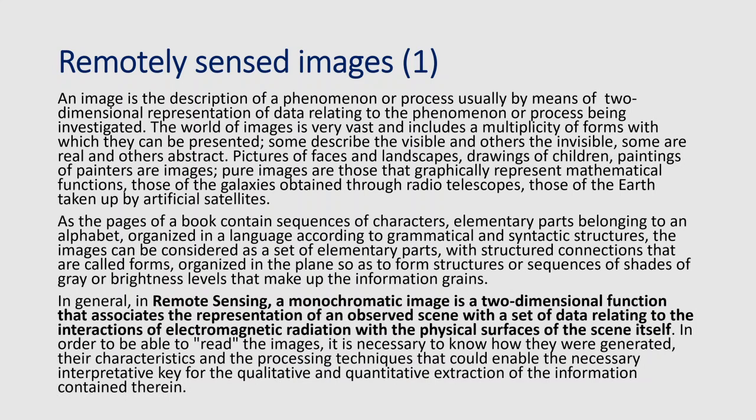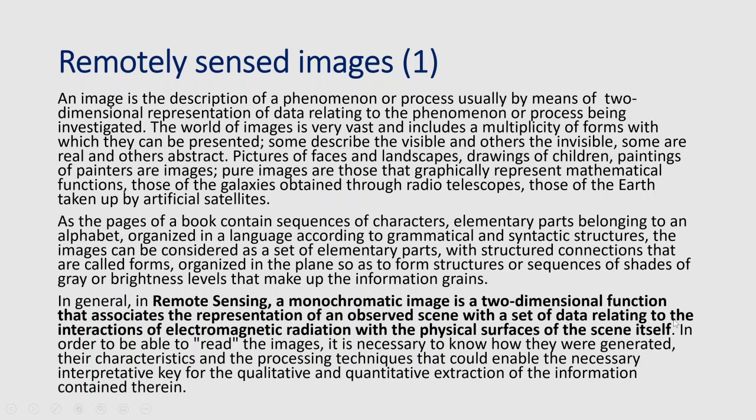In general, in remote sensing, a monochromatic image is a two-dimensional function that associates the representation of an observed scene with a set of data relating to the interactions of electromagnetic radiation with the physical surfaces of the scene itself.